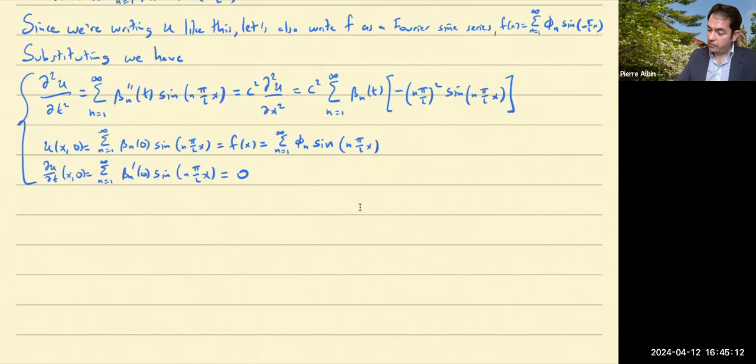Since we know that these sines are eigenfunctions corresponding to distinct eigenvalues, they are orthogonal. So this gives us an equation for each beta n.